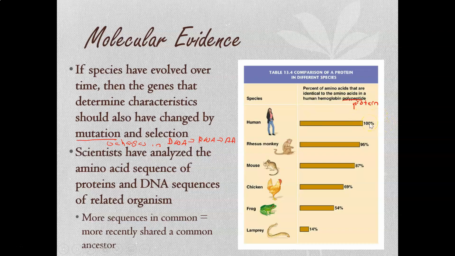Because we're taking the same protein out of the same species. But if I compare that hemoglobin protein, which is also important to monkeys to function, we share 95% of those amino acids in common. If I compare human hemoglobin to a mouse, 87% of those amino acid sequences are identical. Go all the way down to human versus a lamprey's hemoglobin, and now we only share 14%.